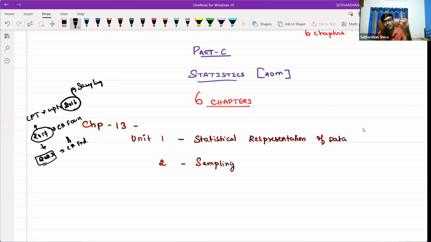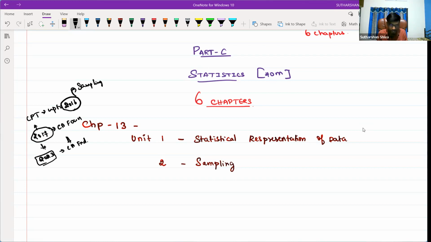So in 2023, under the new syllabus, they have included the sampling chapter. So we have some background; it is not completely new for the CA Foundation curriculum. Unit number 2, sampling, is the only thing they have included. Everything else is the same as the old syllabus, with nothing changed.